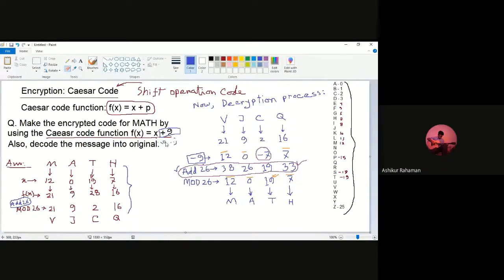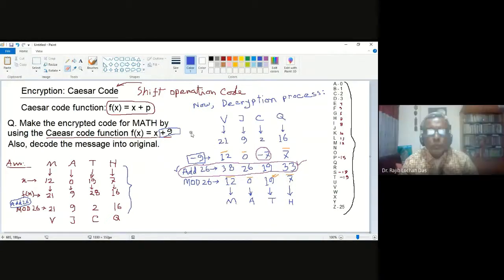Sir, if we use mod 26 then we will get the exact result, an accurate result? Mod 26, there is no almost result. The result will always be accurate.